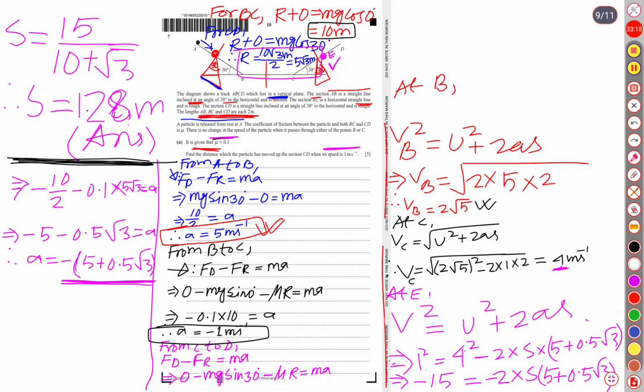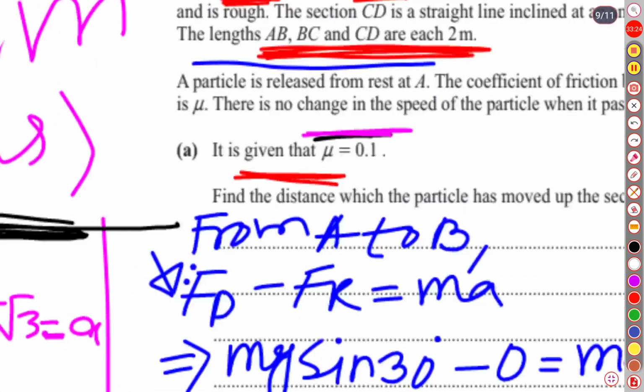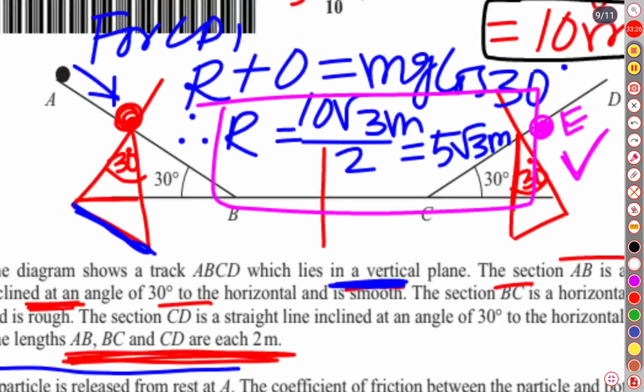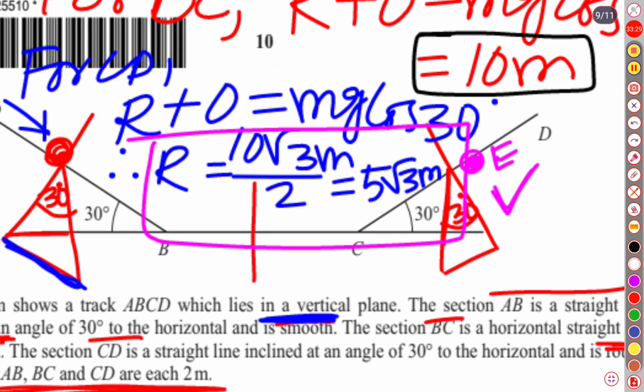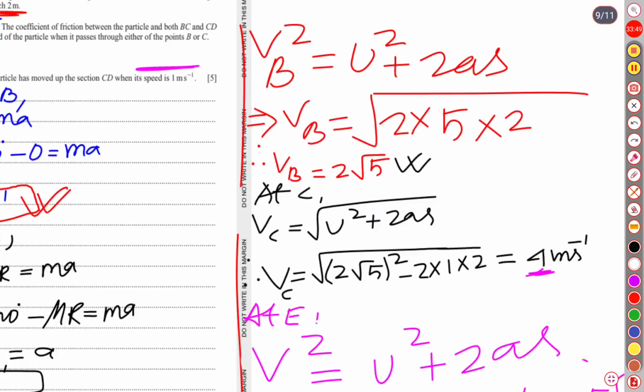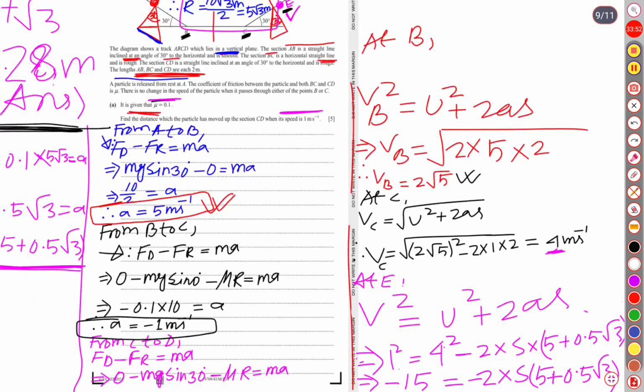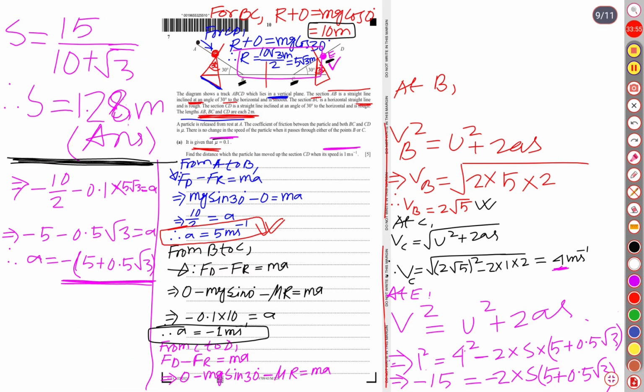So what have we done in this case? First of all, we found the acceleration at every point: at point B first, then at point C, then at point E. After that, we got the final velocity at B, at C, as well as at E. Then we applied the same repeated formula, v square is equal to u square plus 2as, and from that we isolated s as the subject.